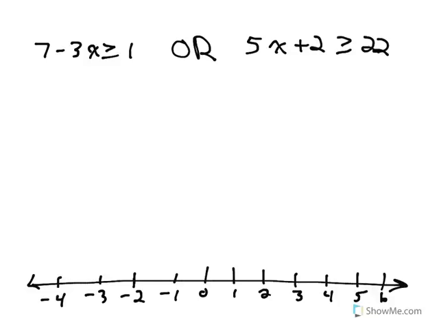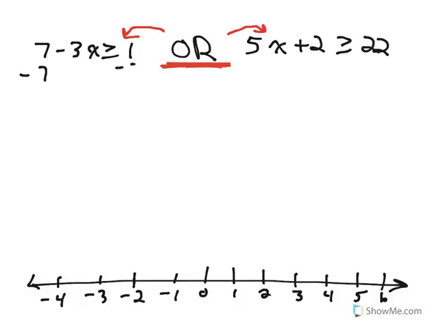Let's look at an example using the word "or." With the word "or," we are finding solutions that will either make the one inequality true or the other. So now it's okay if there is no overlap because of the word "or." So let's solve for x.